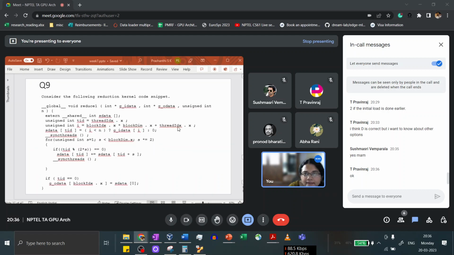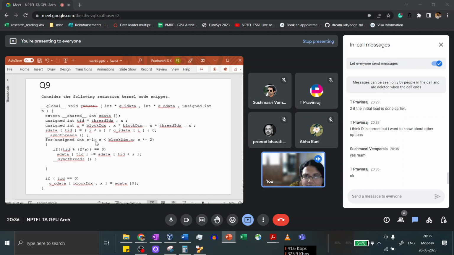Let's move ahead then. Okay, consider the following reduction kernel code snippet. Reduce1 is the kernel name. So thread ID and i are defined as usual: blockIdx.x times blockDim.x plus threadIdx.x. sdata of tid is also defined in the usual way that you've seen in class.